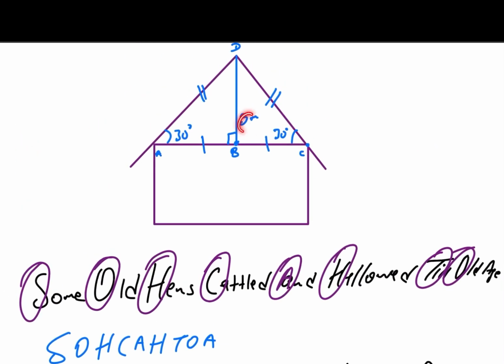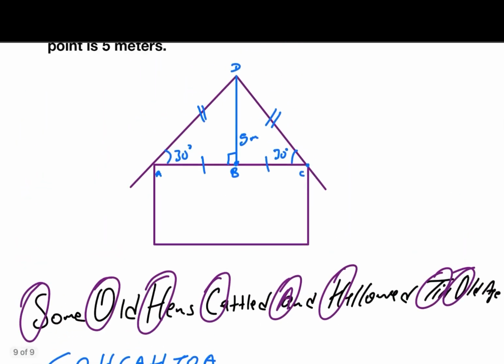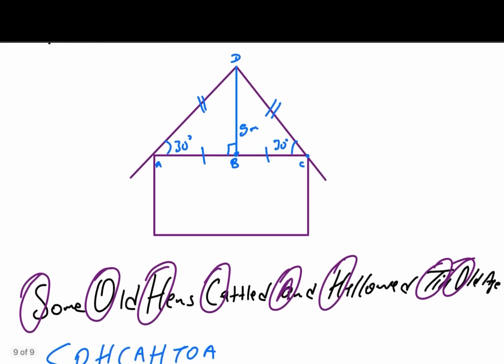And the opposite side is 5. And we are looking for the adjacent side, right? So let's use tan to solve this. So you have tan of 30 degrees equal to the opposite side, which is BD.